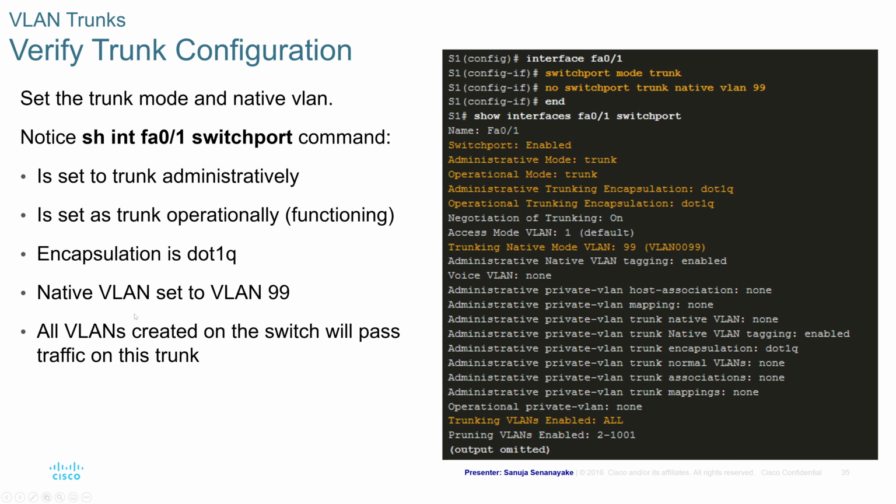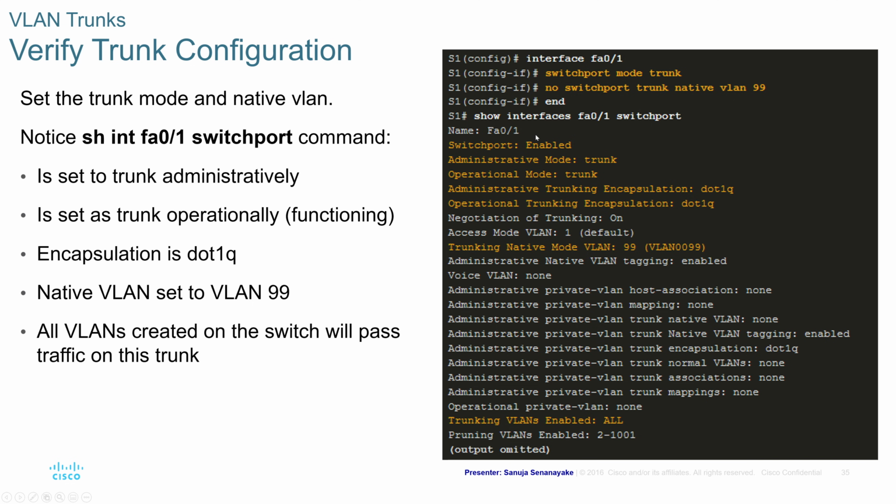It shows the encapsulation type, the native VLAN, and all the VLANs associated with that trunk, in other words, all the VLANs that this trunk allows traffic to pass through.